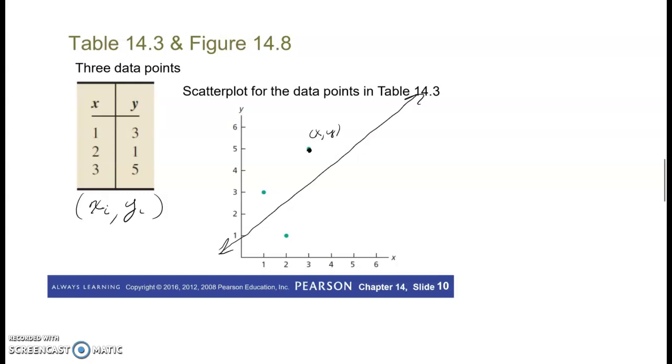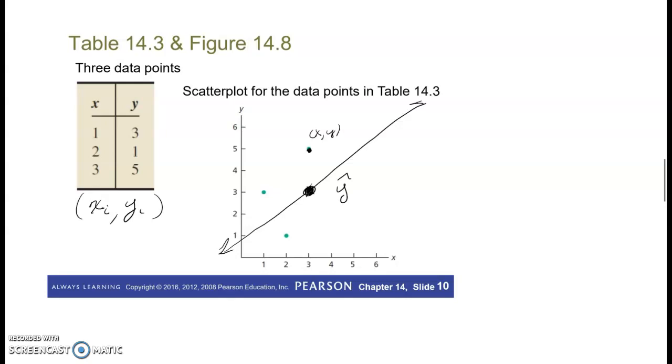But when we build a regression equation to fit the data, our regression equation is not going to give us a 5 when we plug in a 3. It's going to give us this value right here. And this value is our y hat.